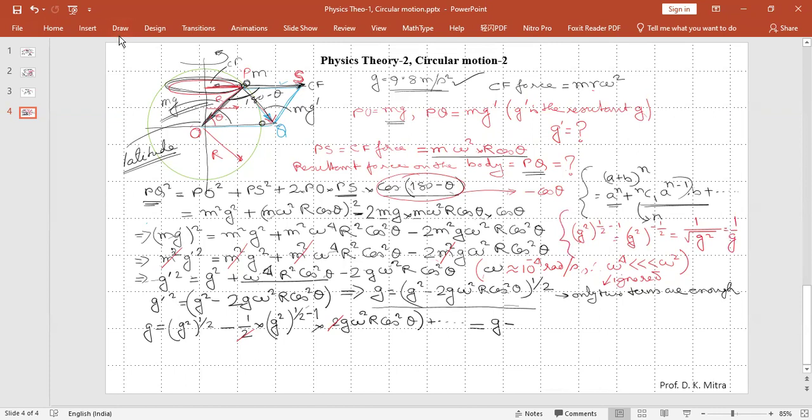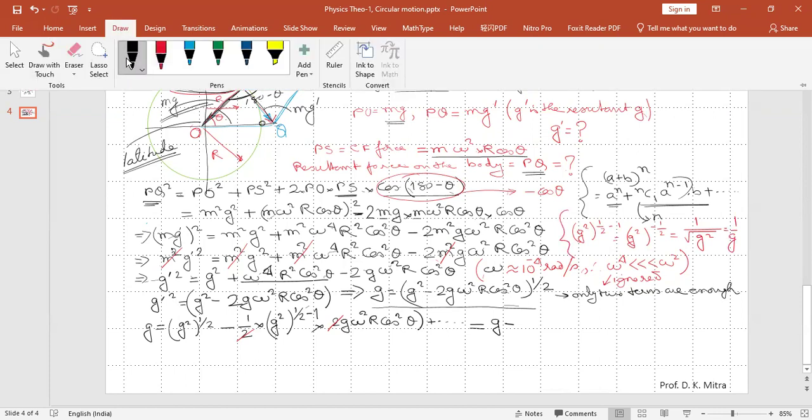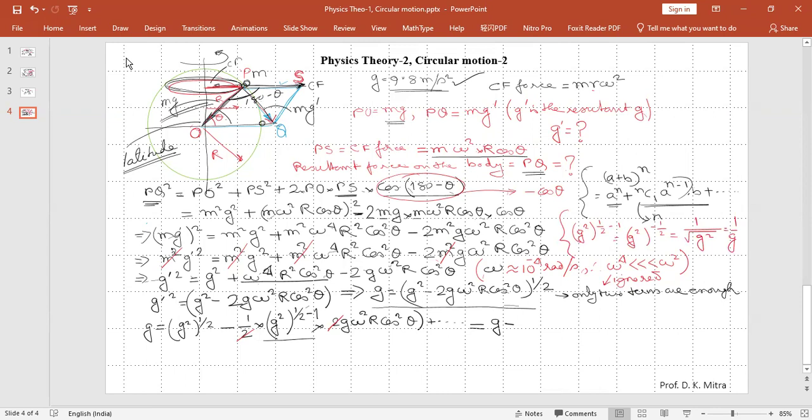So g square to the power half minus 1 is actually 1 by g, so minus 1 by g, multiplied by the other g lying here, g omega square r cos square theta.